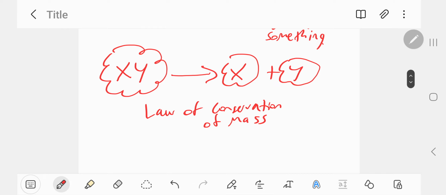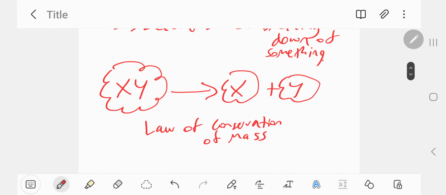It states that mass is neither created nor destroyed in a chemical reaction, it's only rearranged. So whatever you start off with here, you have to end up with here. Okay, you can't create or destroy mass.